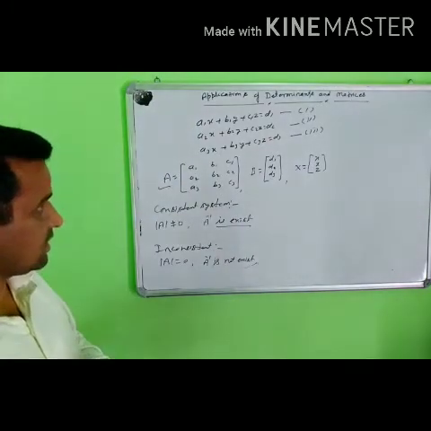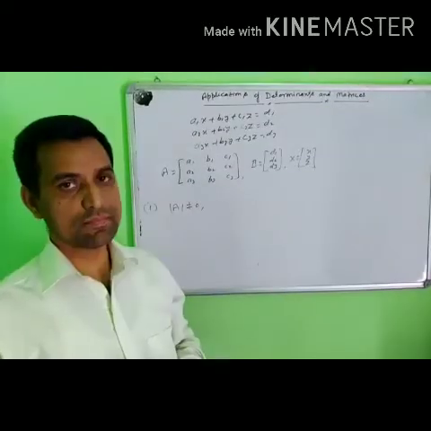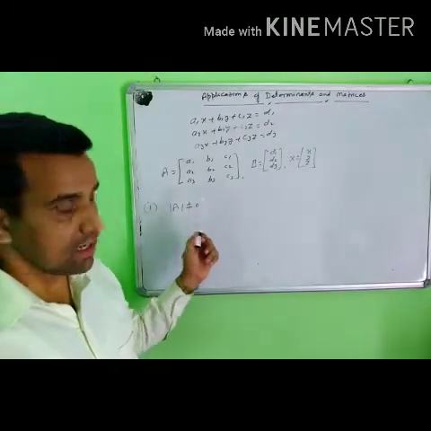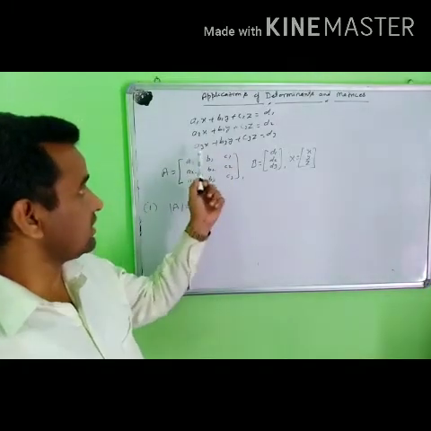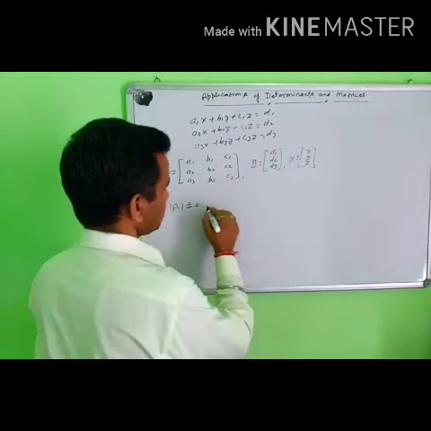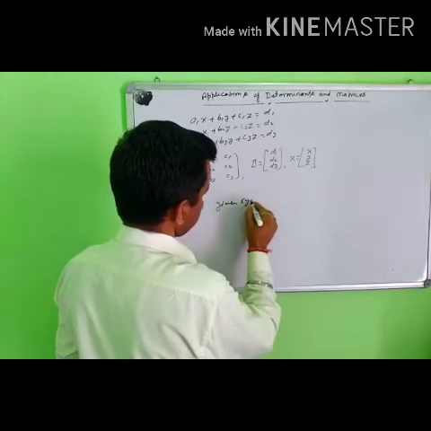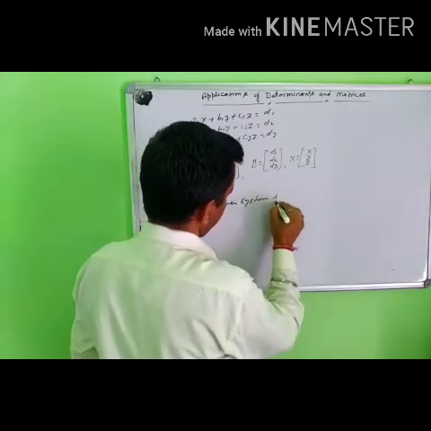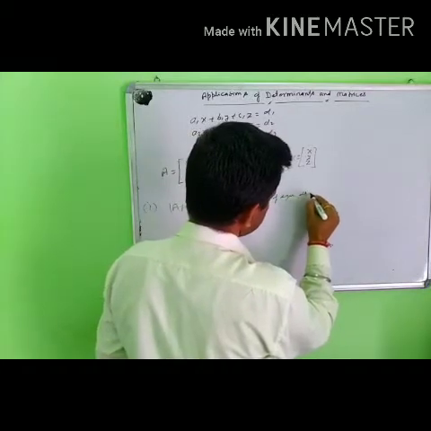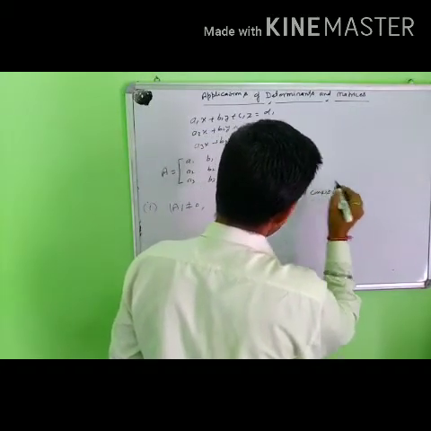In the first case, if the system of equations is consistent, you will write: given system of equations is consistent.